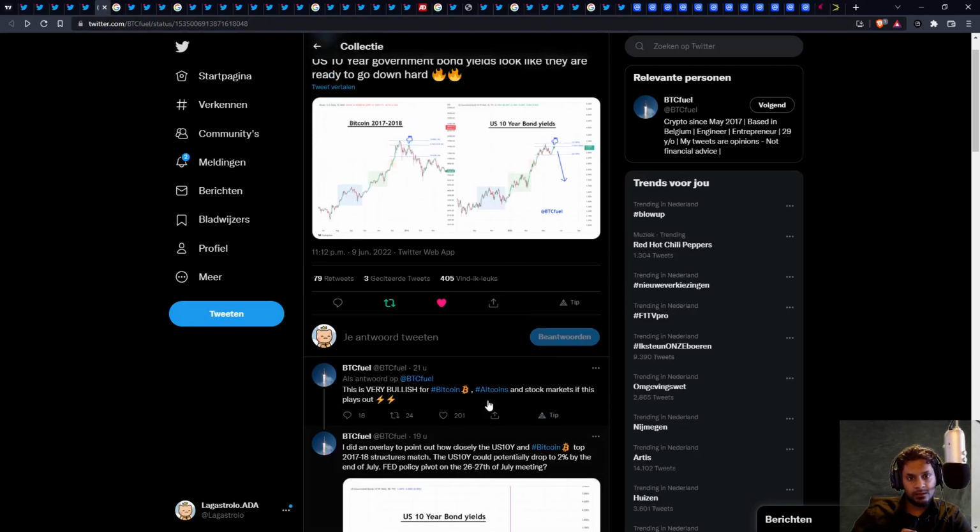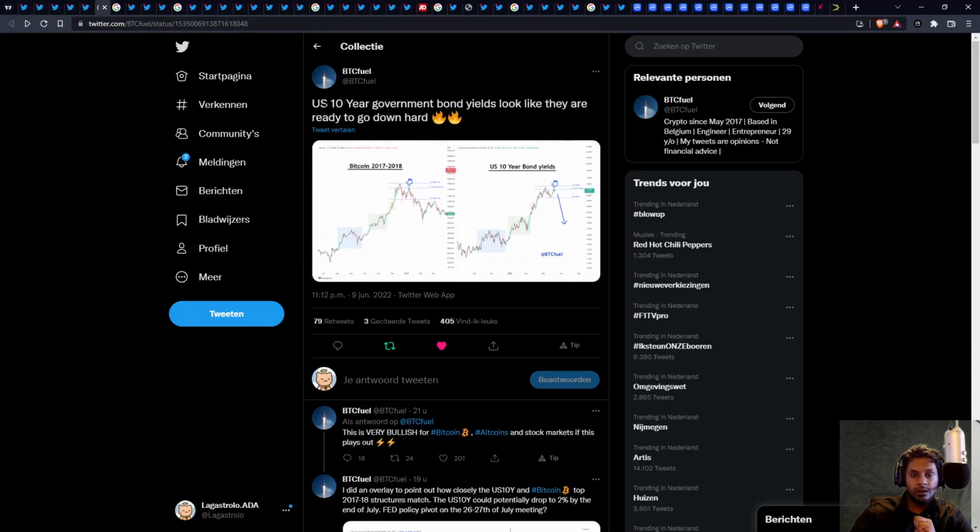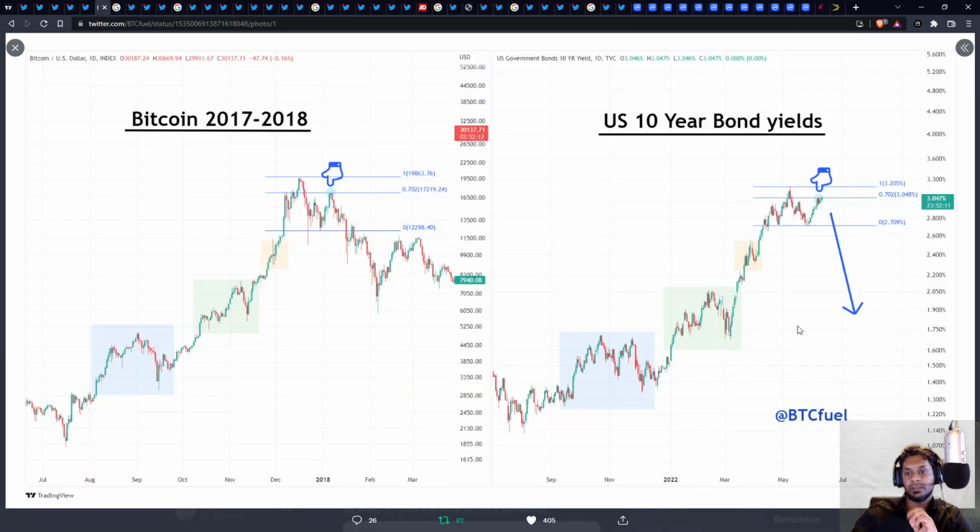Okay, so let's see. US 10-year government bond yields look like they are ready to go down hard. If you compare the price structure of the US bond yields and the Bitcoin price back in 2017 and 18, we can see that it's mostly forming the same structure.